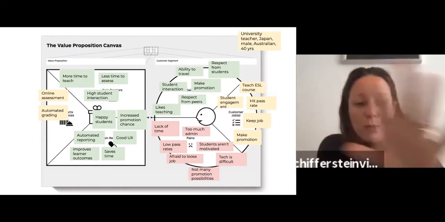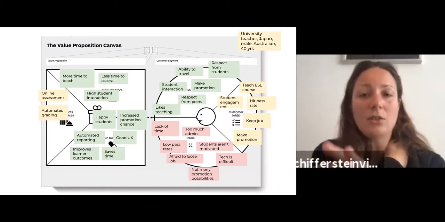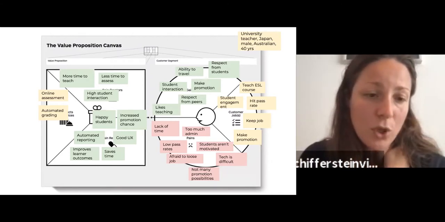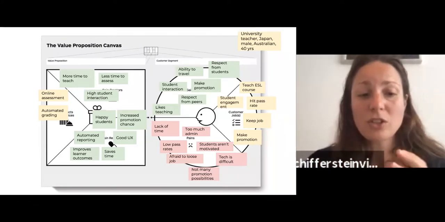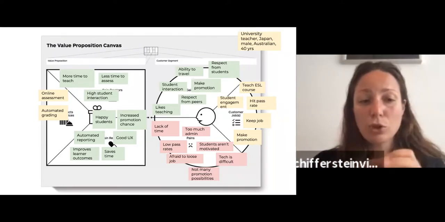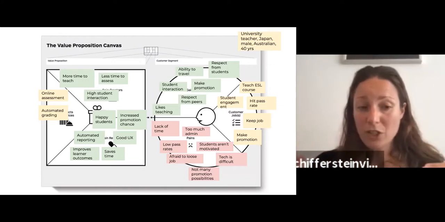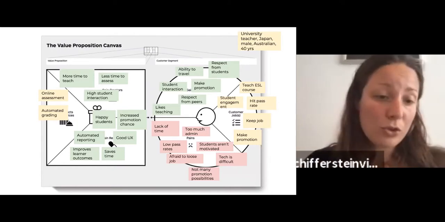So if this is the persona of the user, in this case, how do we then talk about this user to the actual buyer, who might be the principal of a school, for instance, who doesn't teach himself? So then the whole story is about, okay, they're saving time, so it's more efficient, which is saving you as a principal costs, for instance.